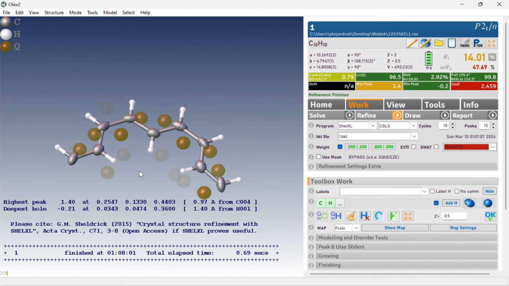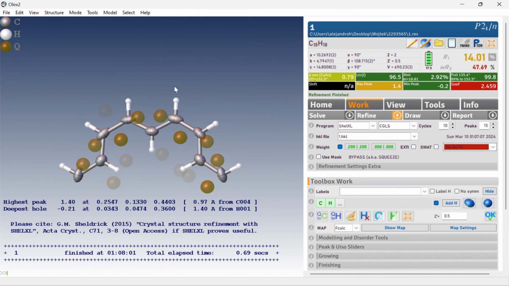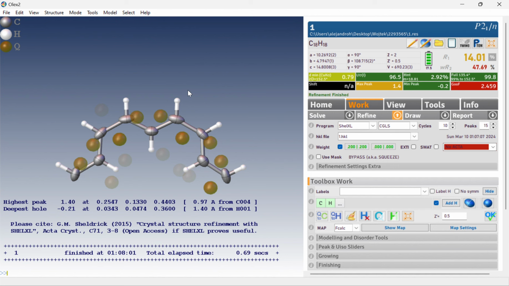It looks great, but our R factor is pretty bad. It's 14%. So something weird is happening here. The thing you should note is that you have a lot of electron density peaks in between atoms, but they are not exactly in between atoms. They are not in bonds.